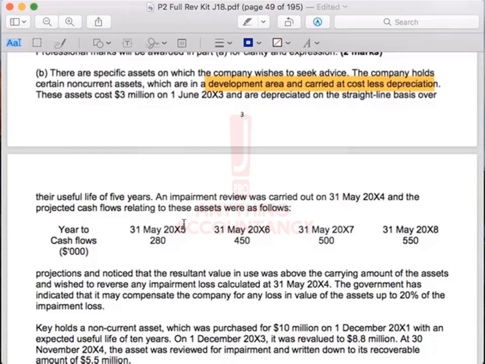Okay, let me just put this down for you. Add some sentence here. Following year. Let's look at the words 'following year'. The following year, just add this in.